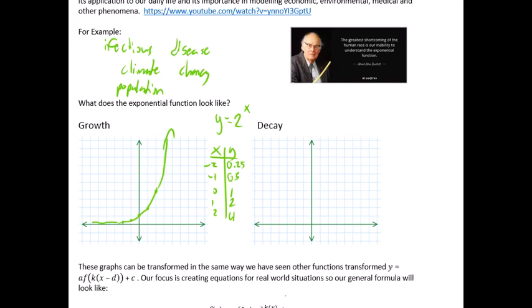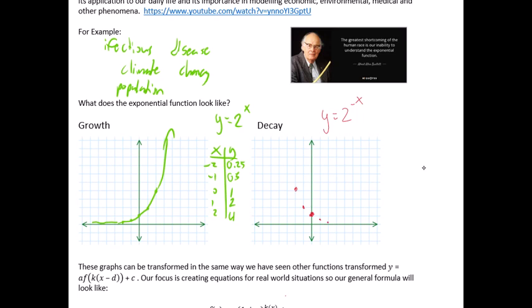The decay function is similar to growth. It's just a horizontal reflection, so it would be y equals 2 to the power of -x. It would be the same values but reflected. So we still have (0, 1), and then we have (-1, 2), (-2, 4), (1, 0.5), and (2, 0.25).